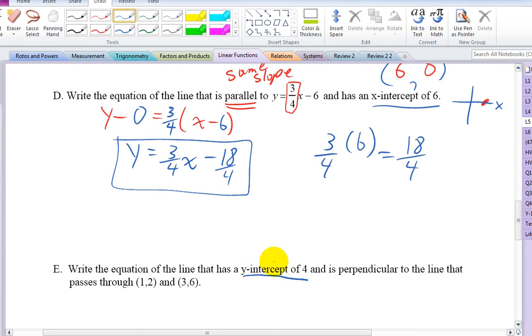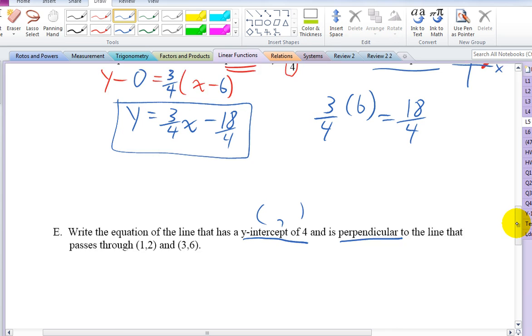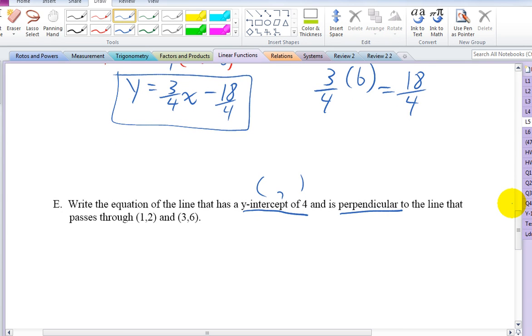Tell me the value of this point they just told you. Underline perpendicular. So what we have to do, there's a line that passes through those 2 points. We need to find the slope of this line. So go ahead and find the slope of that line. Chris, find the slope of that line using the m equation. So you're subtracting.